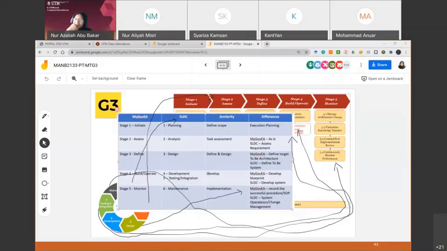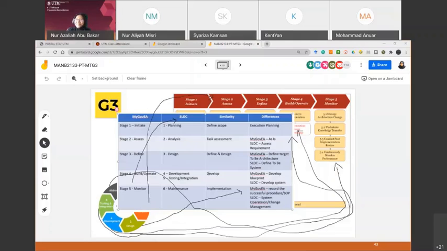Then stage 5, monitor. In MyGov EA, we record the successful procedure or SOP. In SDLC, after the system deployment, we do the operation and support, and if there is any change to the system, that is under the maintenance stage.